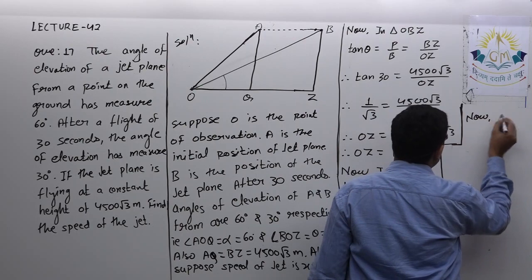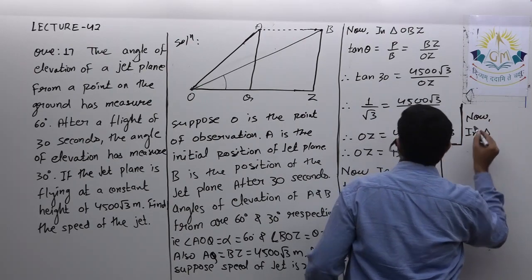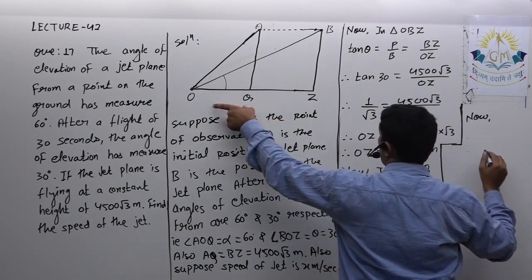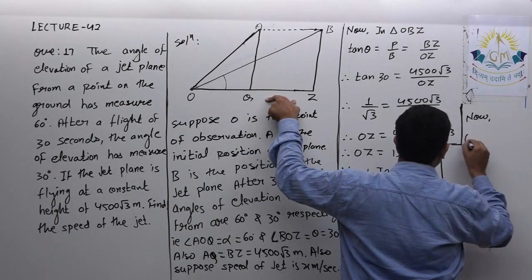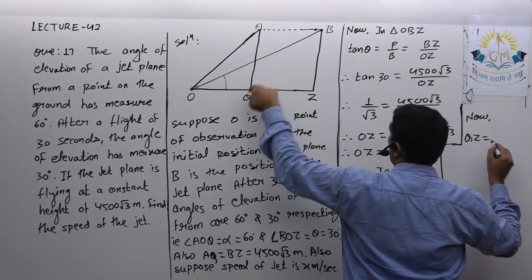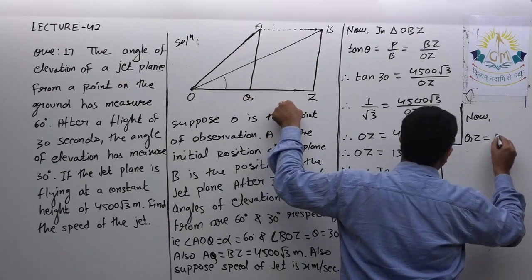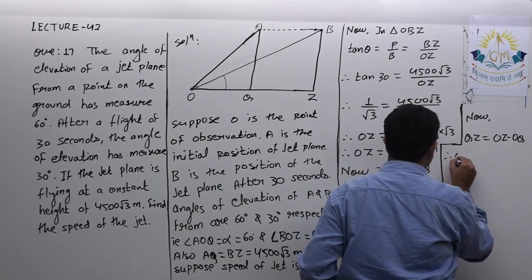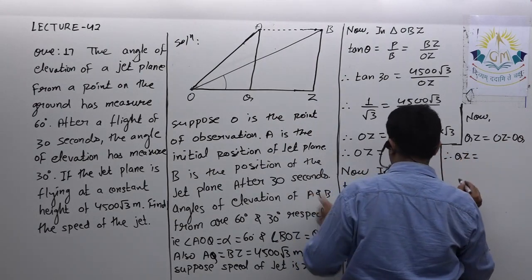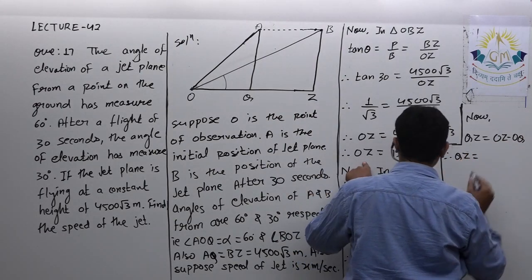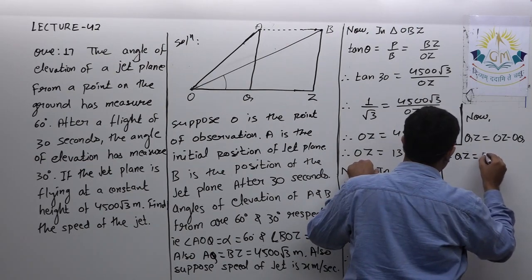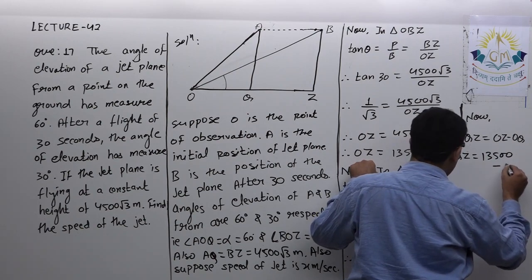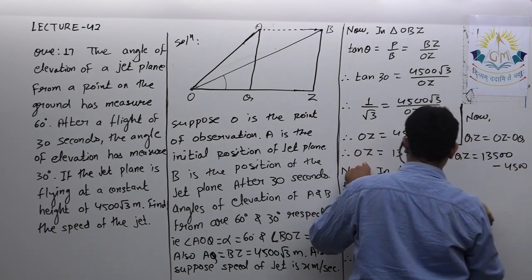Now I can write QZ. QZ is equal to OZ minus OQ. Therefore, QZ is equal to, now OZ is 13500 and OQ is 4500.